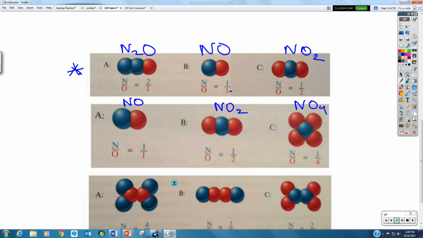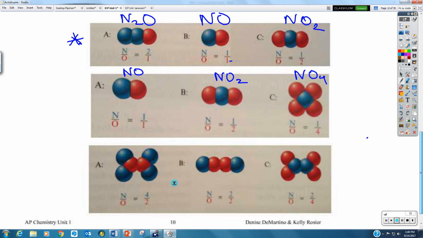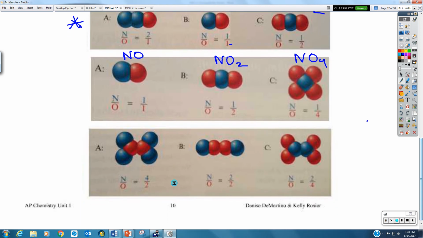So you end up with a different combination. The last one, that one's not even one I'd want you to even try. What they did was set B as a 2-to-2 ratio, and then it just gets larger from there. So you wouldn't have any reason to do that one.